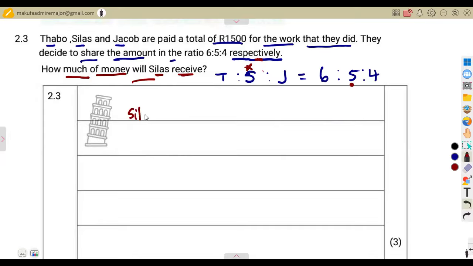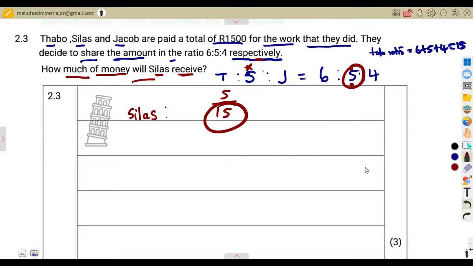So the money that Silas is going to receive at the end is his ratio 5 over the total ratio. So what is the total ratio? You add 6 plus 5 plus 4. This gives you 15. So you divide by the total ratio. It's his share over the total ratio.